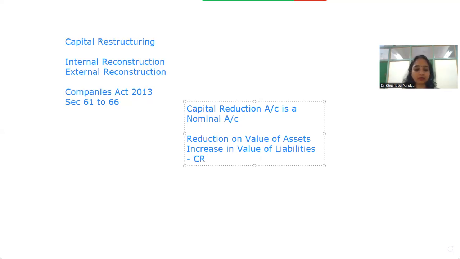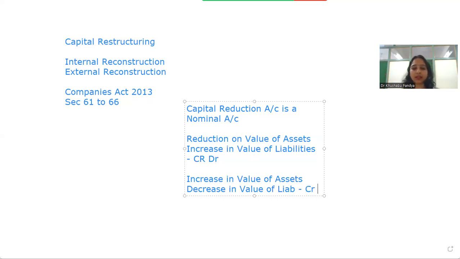Similarly, an increase in the value of assets and a decrease in the value of liabilities will be recorded on the credit side. So it is basically a nominal account: debit all the losses, and credit the increase in the value of assets or the reduction in the value of liabilities.